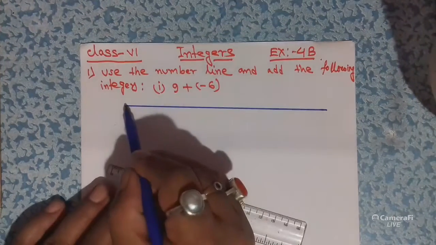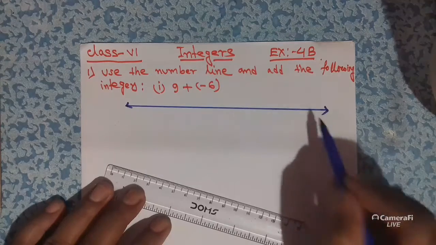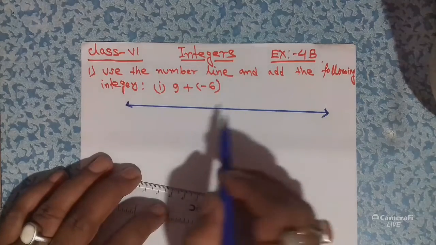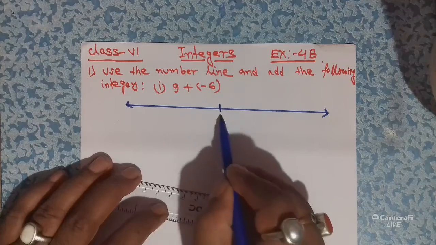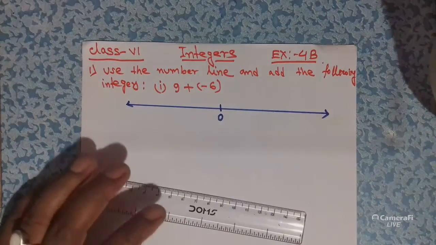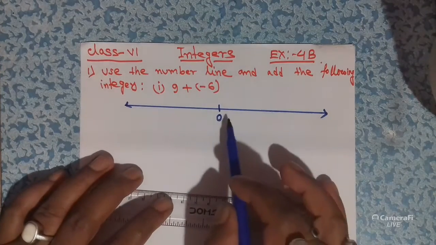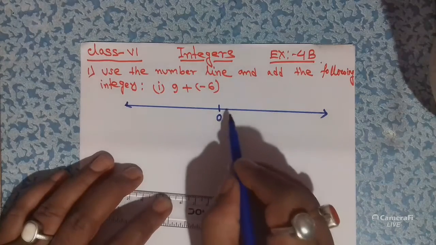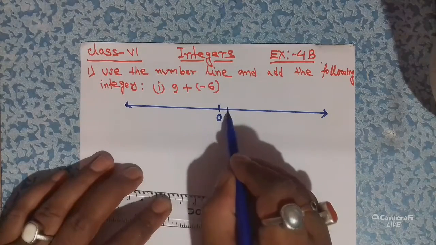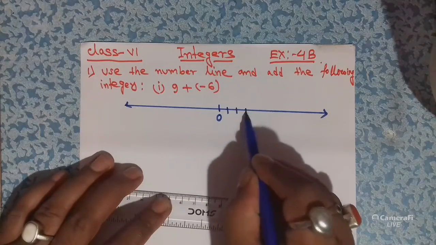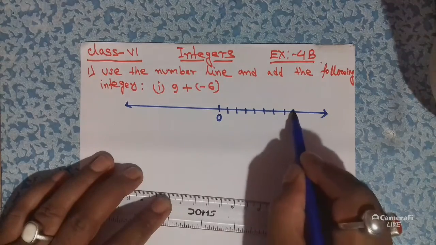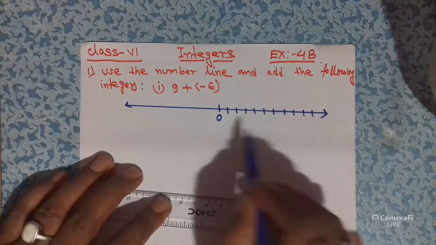Here, take 0, and then to the right hand side of the 0 we have to take the positive values, that is 1, 2, 3, 4, 5, 6, 7, 8, 9, 10.